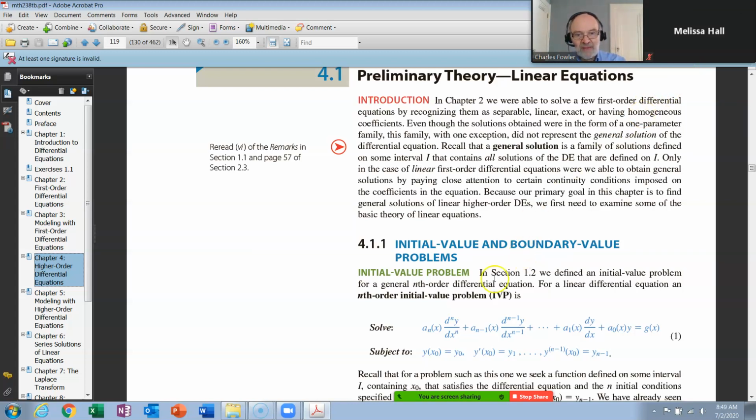So here's what we mean. Here's what we're trying to do, an nth order initial value problem.